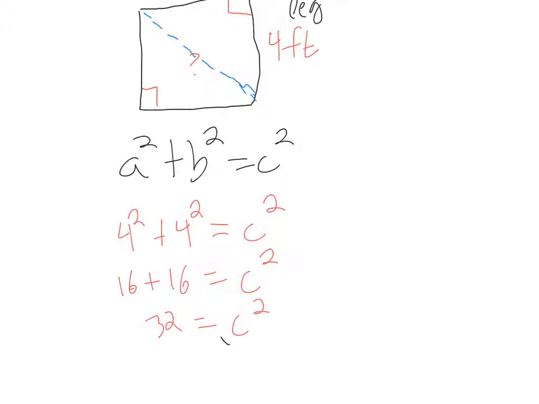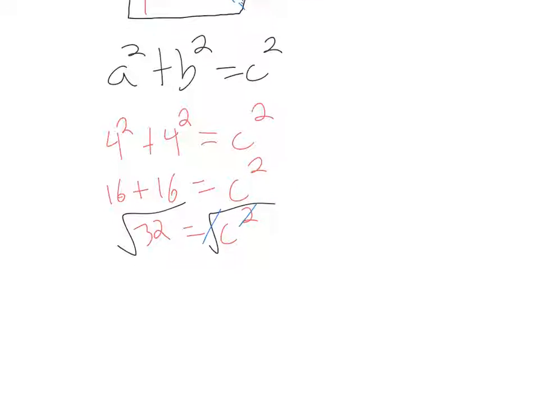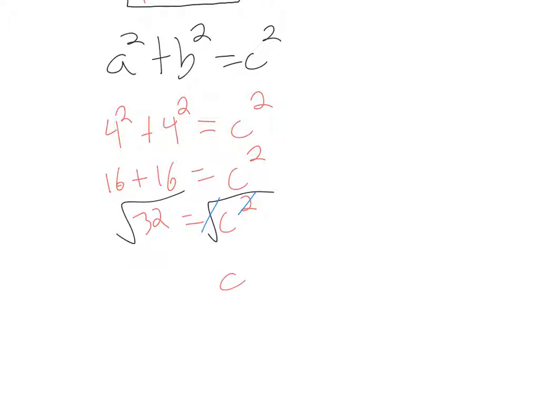Let's simplify, get that c all by itself. Remember, the square root and the squared cancel out, which is exactly what we want. So you get c is equal to the square root of 32, or c is approximately, if we plug that into a calculator, 5.67, and that would be feet, right? This would be feet.